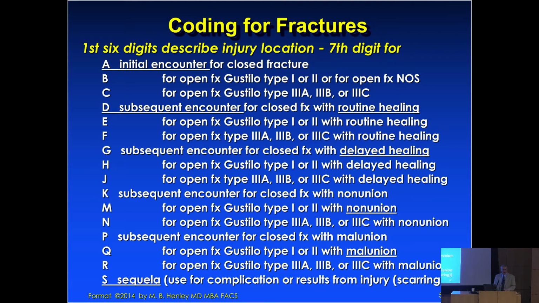And then you have to specify at each visit in the post-op period whether there's routine healing, delayed healing, non-union, or malunion. And finally, there's the S for a sequela, or a complication resulting from a previous injury. The ones A, D, and S are used throughout orthopedics. And obviously, all 16 are really only used for open injuries such as fractures.